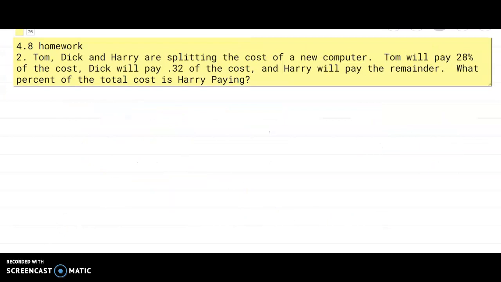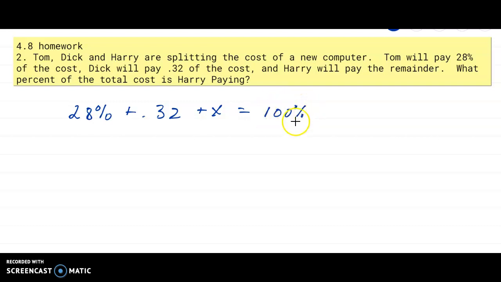Okay, in problem 2, this time Tom will pay 28%, Dick will pay 0.32, and Harry will pay the rest. So I'm going to write this as an equation again. So we have 28% plus 0.32 plus x equals 1, or 100% of the cost.